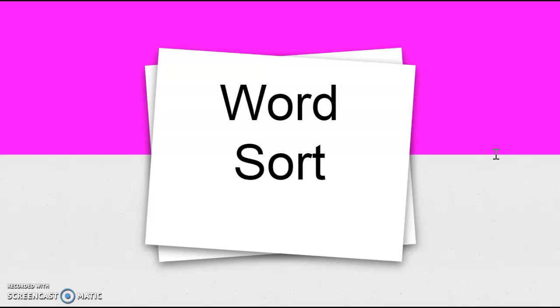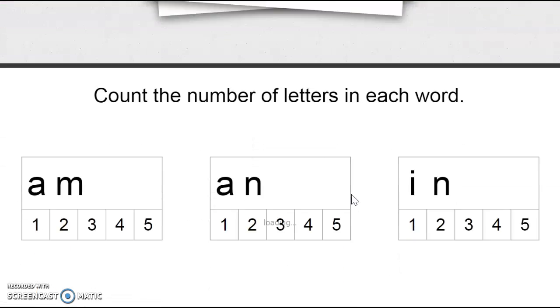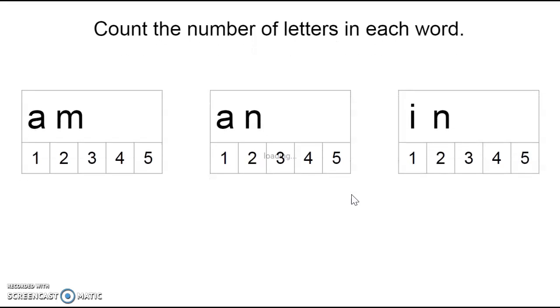The next section of our phonics lesson today is word sort. I would like you to count the number of letters in each word. We will do this together. Our first word is am. A-M spells am. 1, 2.